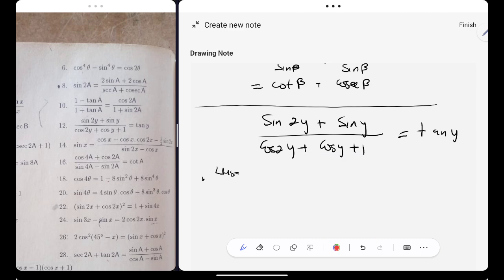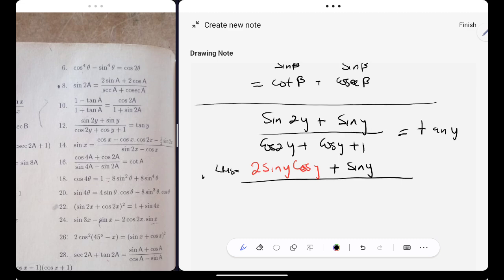The double angle for sine, there's only one double angle, so I don't have to worry myself whenever I change this one, plus sine y. But please remember that whenever I see a 1 in the same statement as the double angle for cos, my duty will be to eliminate that 1 altogether.